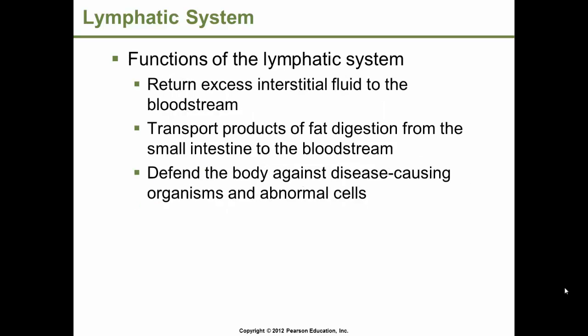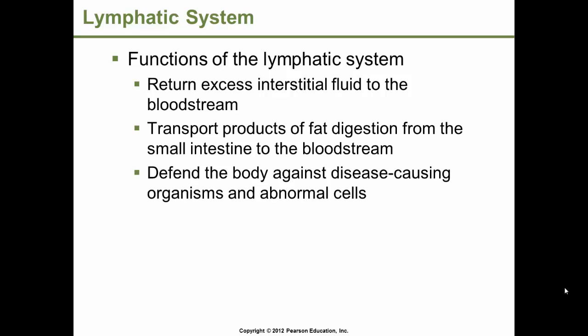The functions of the lymphatic system is to return excess interstitial fluid to the bloodstream. This helps to maintain the blood volume. It also functions to transport products of fat digestion from the small intestine to the bloodstream. The products of fat digestion are too large to be absorbed through the capillaries of the small intestine.